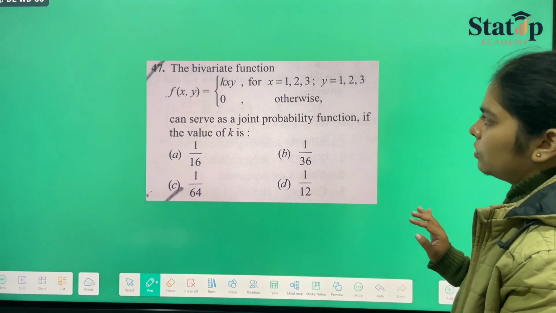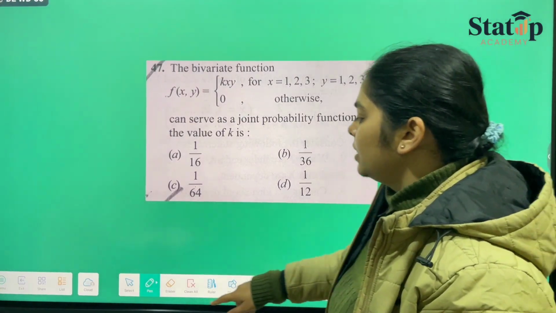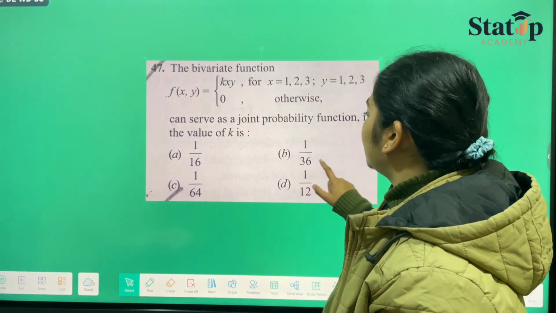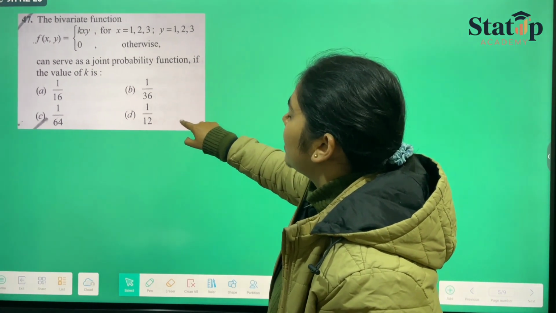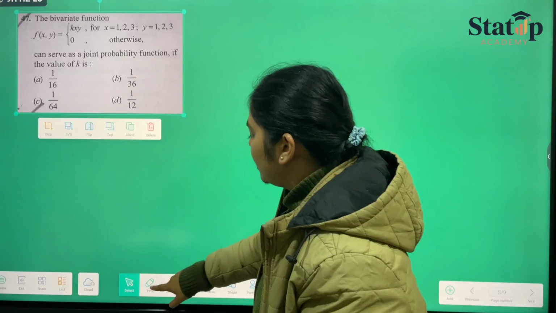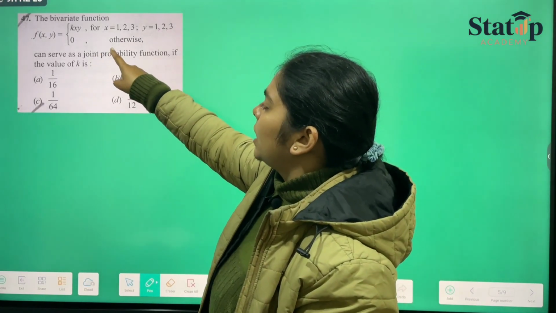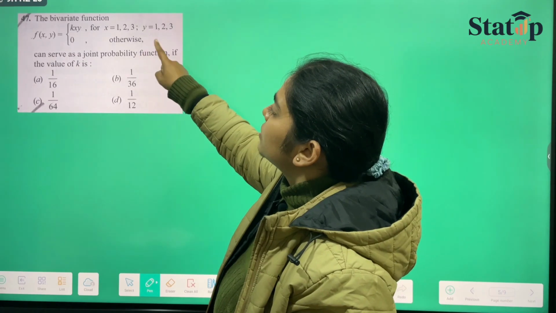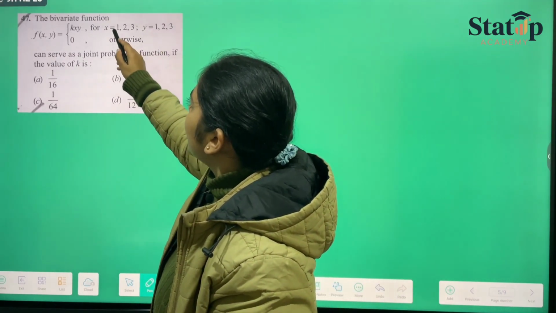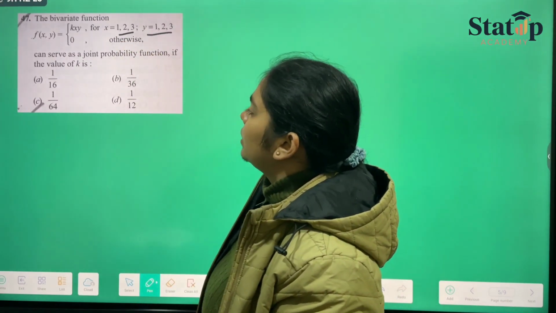This question has been given to us. The question says that there is a bivariate function, and the joint density function has been provided as k x y. Here you can see that it is a probability mass function because x and y are taking discrete values.